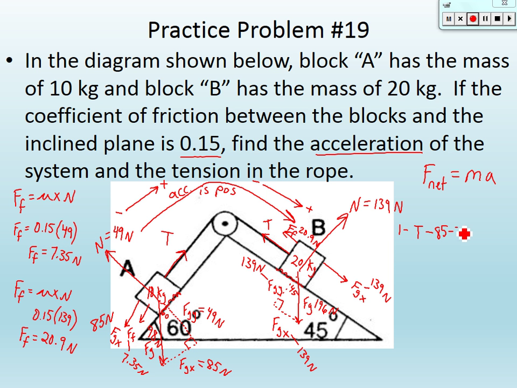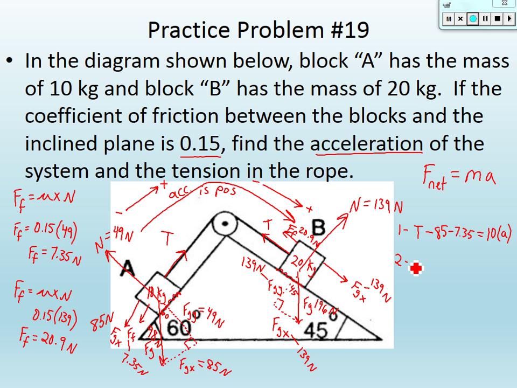So we're going to subtract off 7.35. That will give us our net force, which will be equal to the mass, which is 10, times the acceleration. All right, one equation, two unknowns. We must come up with another equation in order to solve this.